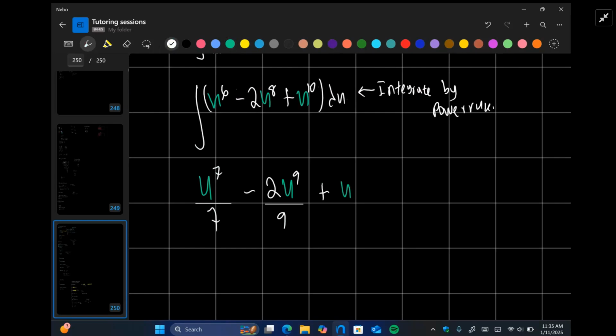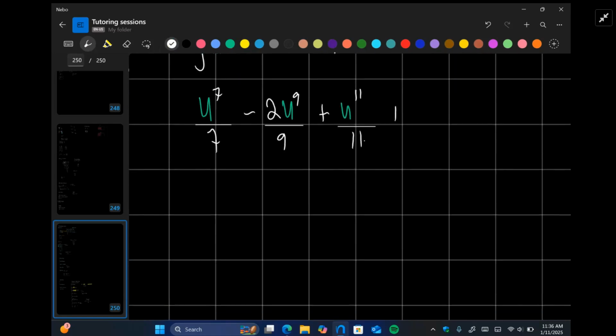Again, I'm just adding 1 and making it that same power. And then plus constant of integration C. Now we're going to substitute u back in. u equals sine x.